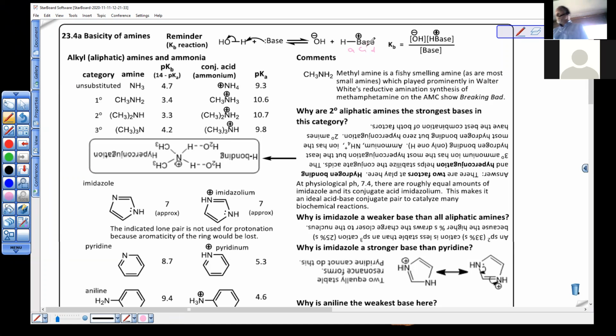Now, my question over here is a good one. Why are secondary aliphatic amines the best bases? Aliphatic is a word I don't use very often, but other chemists do. Aliphatic is just another way of saying saturated alkyl groups.